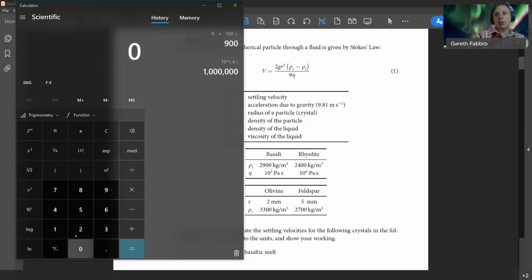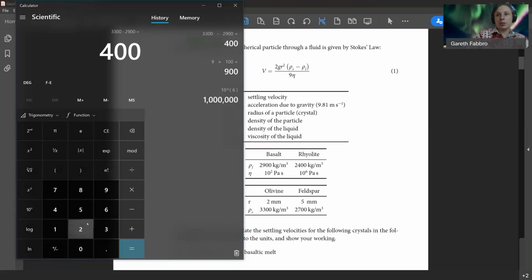So rho s is, for the first question for olivine, 3,300, minus in your basalt, which would be 2,900. So the difference is 400 kilograms per meter cubed. Multiply all the numbers together.